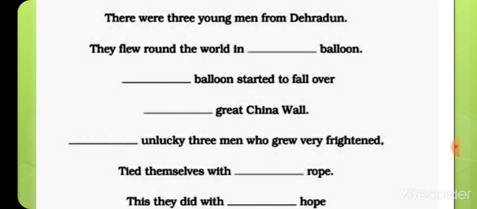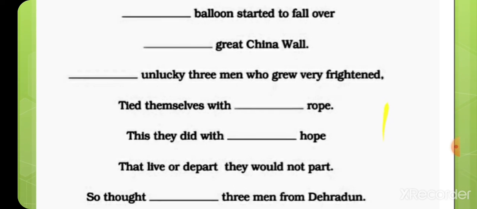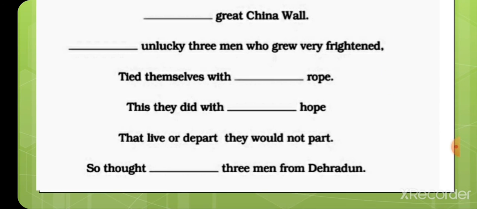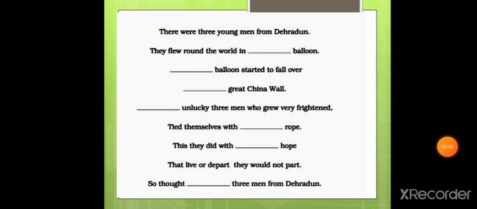The unlucky three men, who grew very frightened, tied themselves with a rope. This they did with a hope that live or depart they would not part. So thought the three men from Dehradun. Yes, I hope it's clear to you, students.